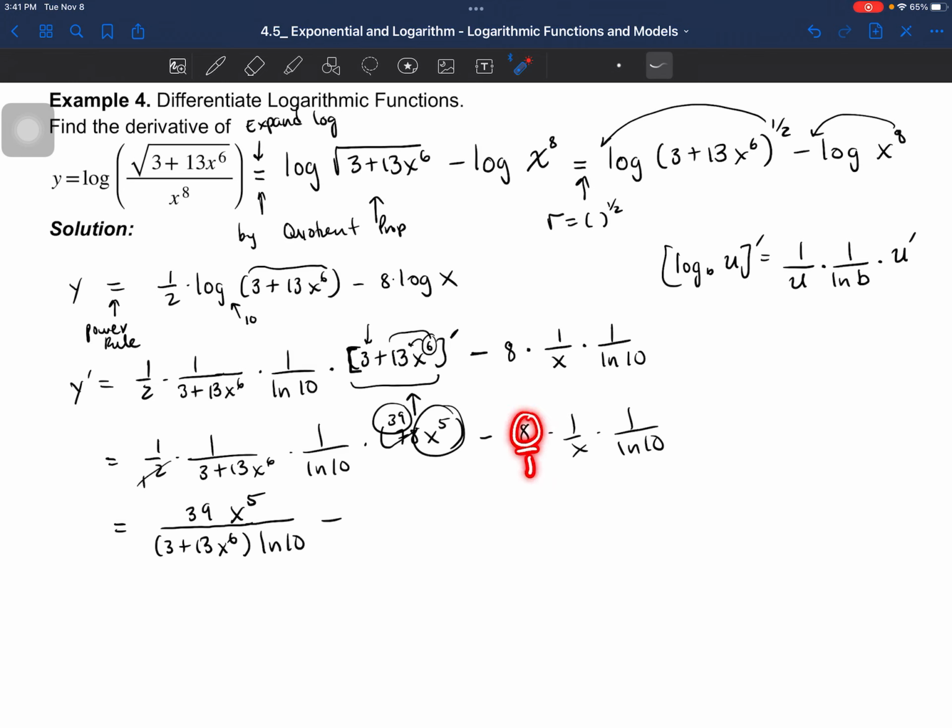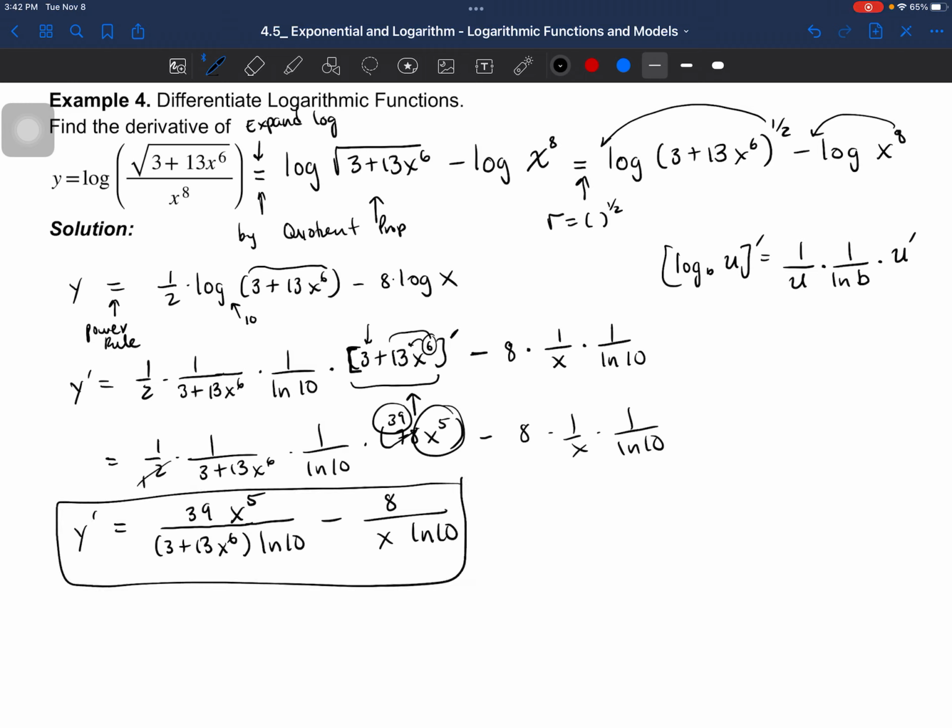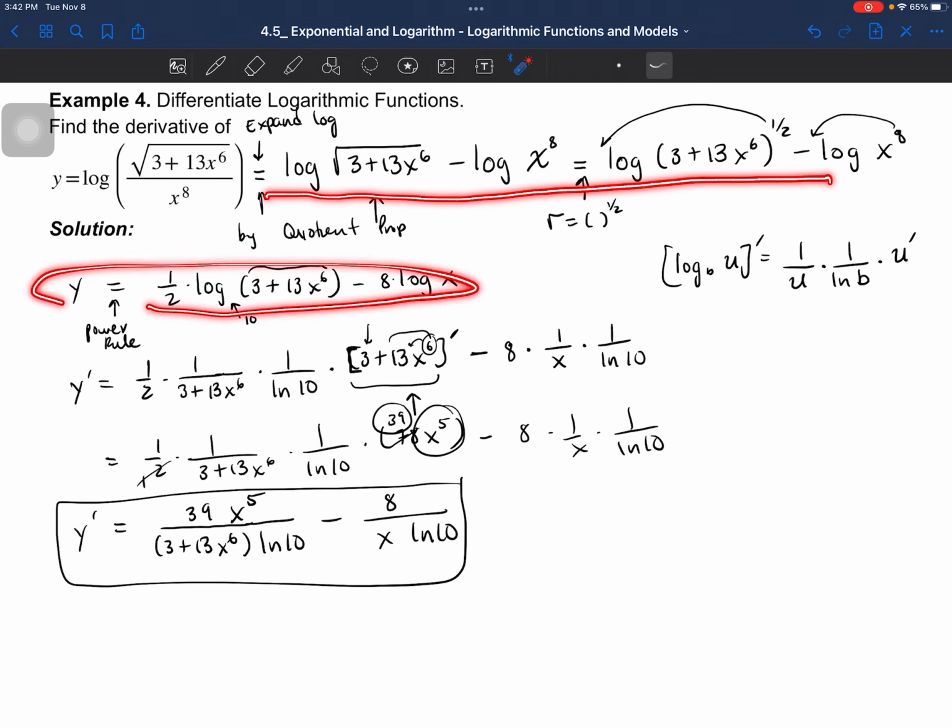So that goes up here. Minus, and then do the same thing. This is an imaginary 1 here. Multiply 8 with 1, and then 1 with x with the natural log of 10. And there you go. We have found the derivative of the function.